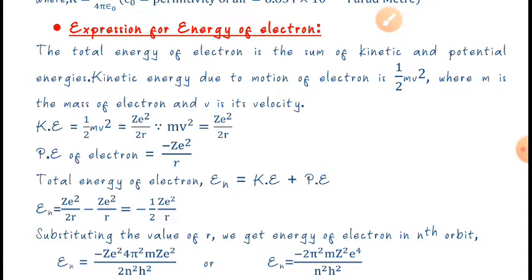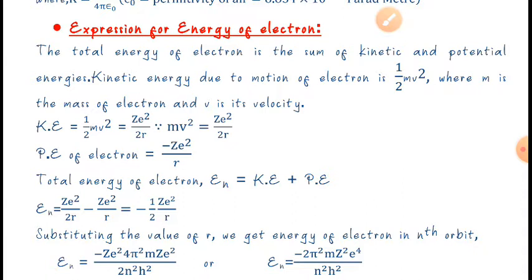Now, as we know, suppose the electron is at a distance of r from the nucleus. Then the potential energy of the electron at a distance of r from the nucleus will be equal to the work done in moving that electron from infinity to that point.